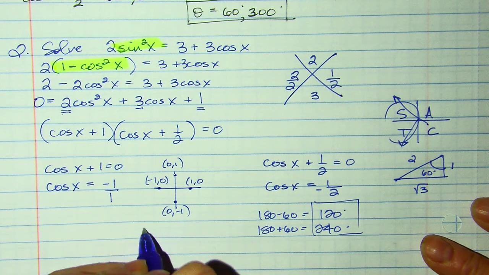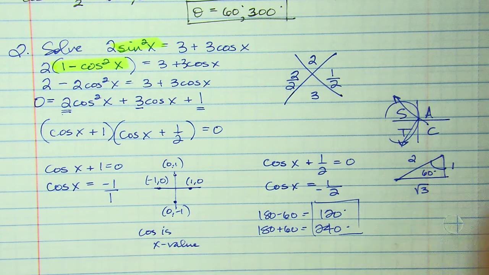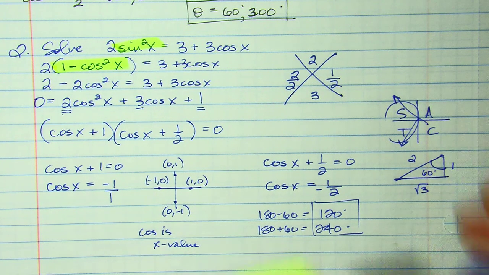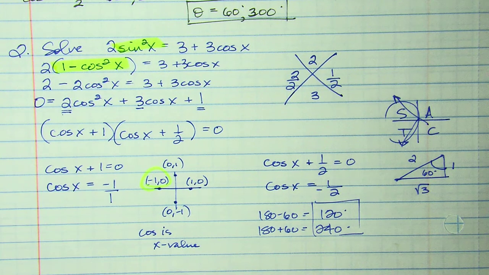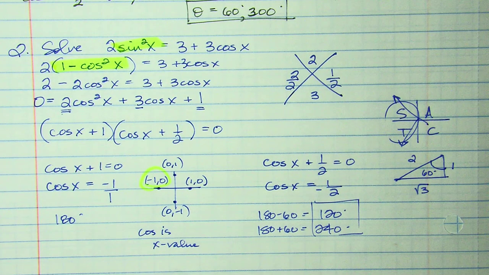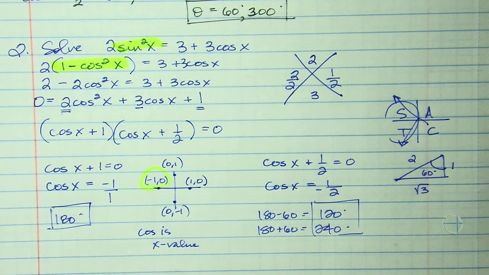Now I know cosine is the x value. So the coordinate that has an x value of -1 would be this guy right here, right? And that is 180 degrees. So I have 3 answers: 180, 120, and 240. Okay? All right. Moving on.